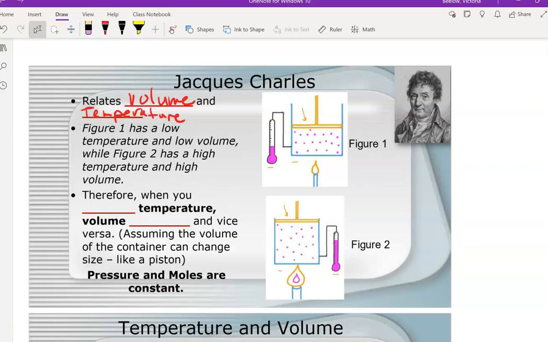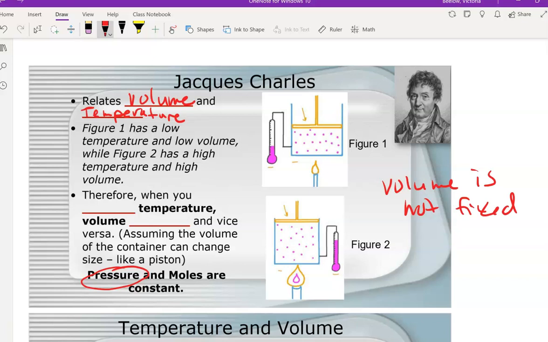In this gas law, the pressure remains the same. The volume is not fixed, so the volume can change. Usually this can be seen in something like a movable piston or a balloon, for example.